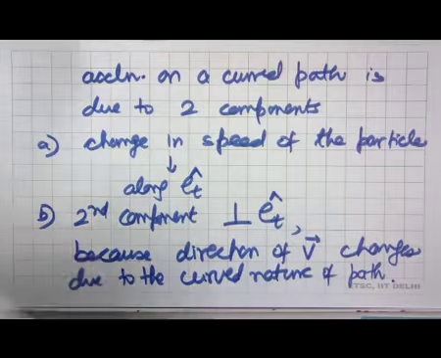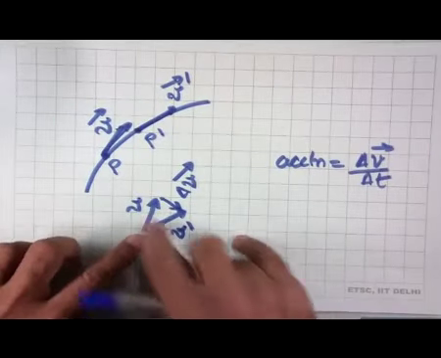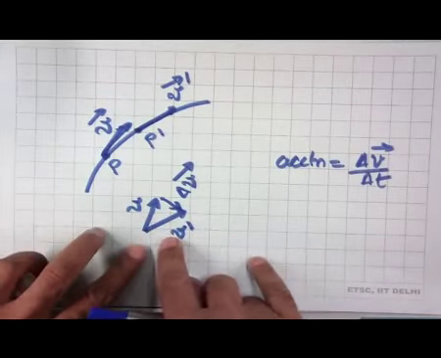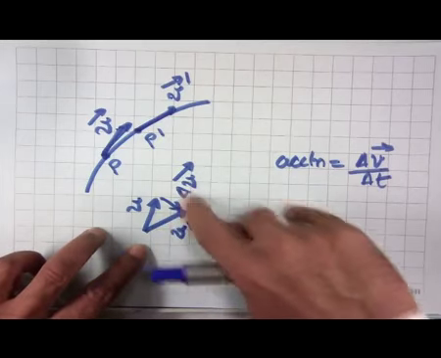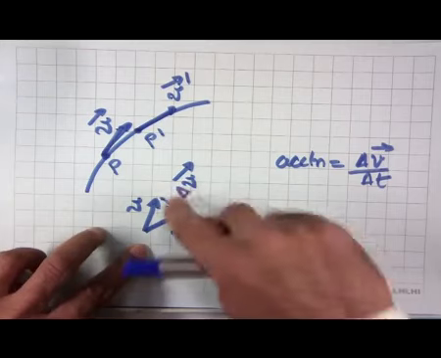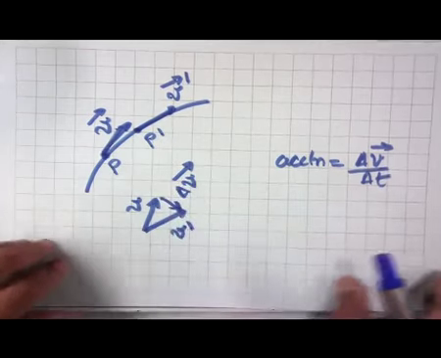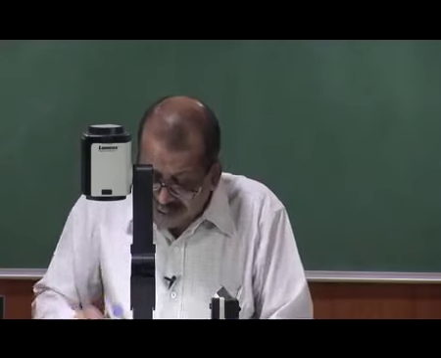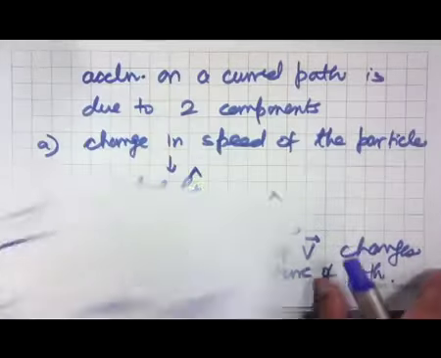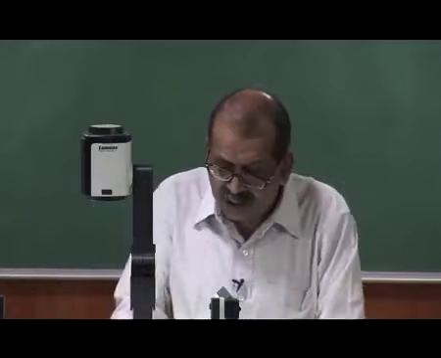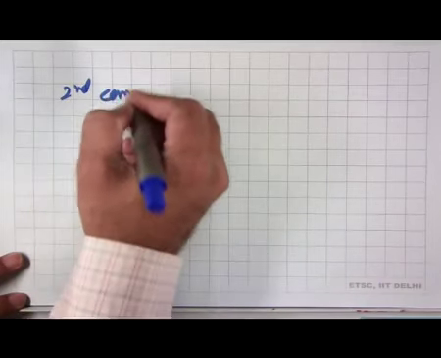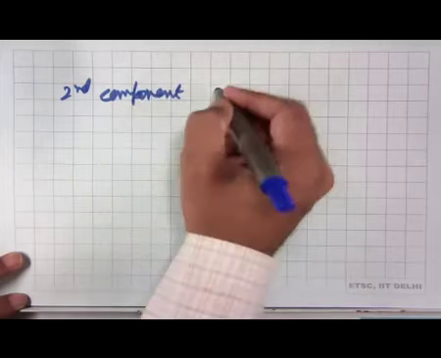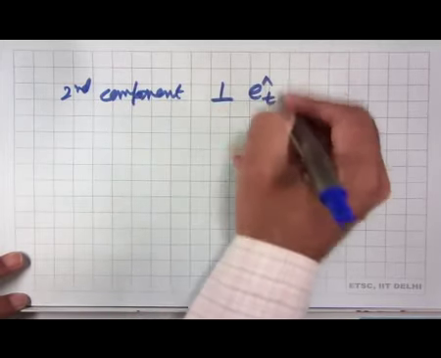Even if the magnitudes of v and v prime are equal, because their directions are different, that will lead to a component of delta v which is perpendicular to the E t direction. This is the second component, the perpendicular component, which is perpendicular to E t.